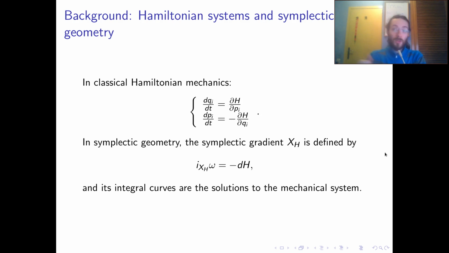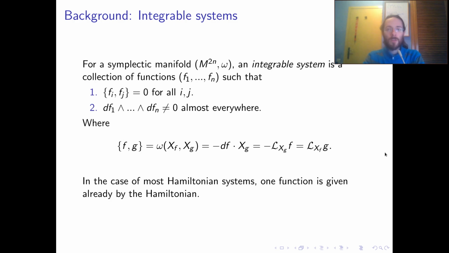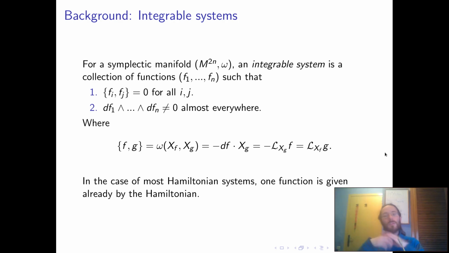The goal of the problem is to prove that this is an integrable system, so I will recall the definition. Given a symplectic manifold, an integrable system is a collection of functions where the number of functions is the same as half the dimension of your symplectic manifold, and we ask for some precise conditions on these functions.